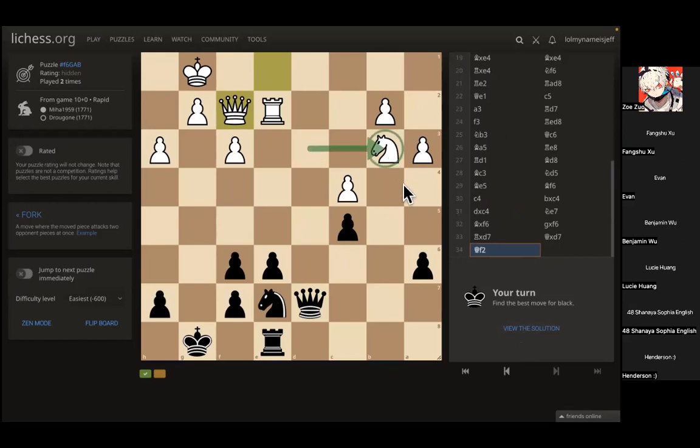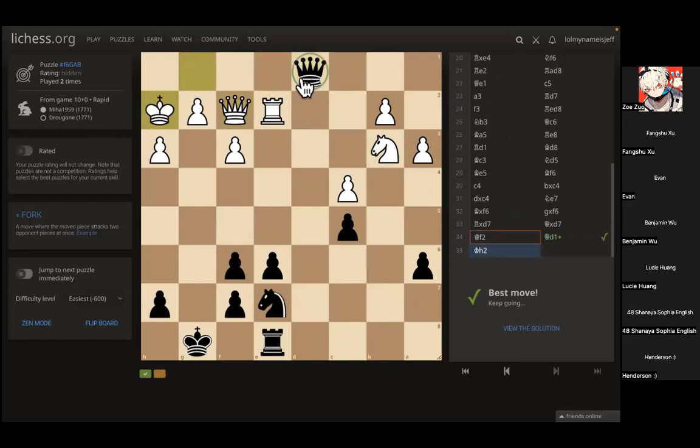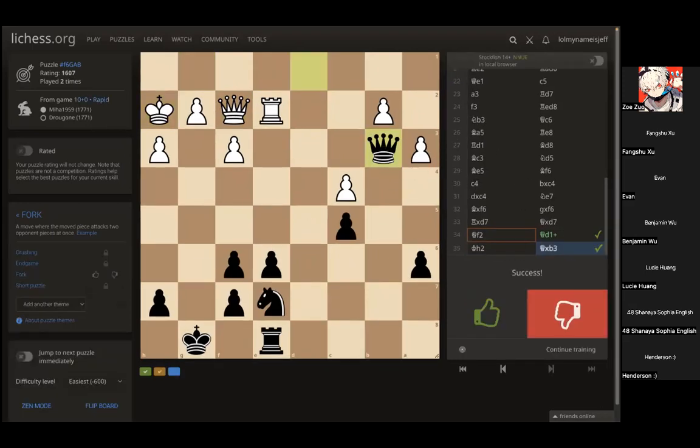It does attack the knight on b3. However, there is a more aggressive move that also attacks the undefended knight on b3. Queen to d1? Yeah, queen d1 is correct. The idea with queen d1 is to attack the king as well as the knight on b3. Henderson, you got it right as well. So basically the king has to move, and then we can simply take the knight.